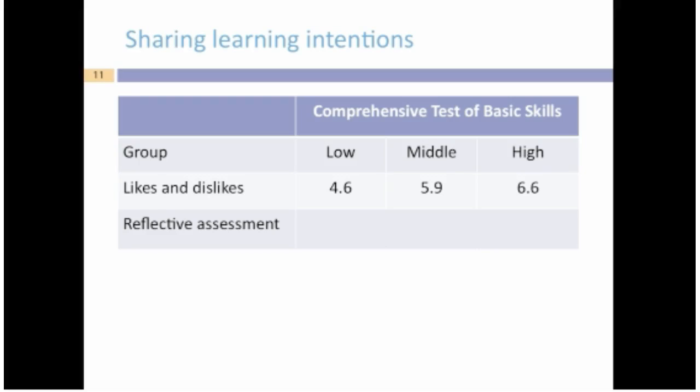And what they found was quite a strong gradient with their physics scores, with their basic skills scores. So the students who scored in the lowest third on the basic skills test averaged 4.6 on their 7 projects. Those in the middle third averaged 5.9, and those in the top third averaged 6.6.